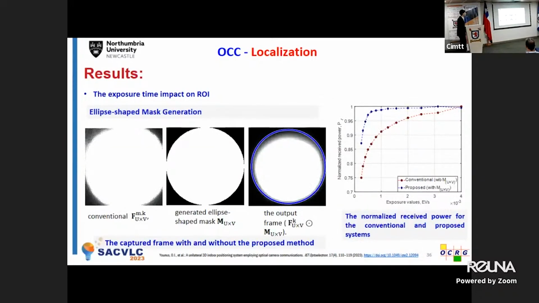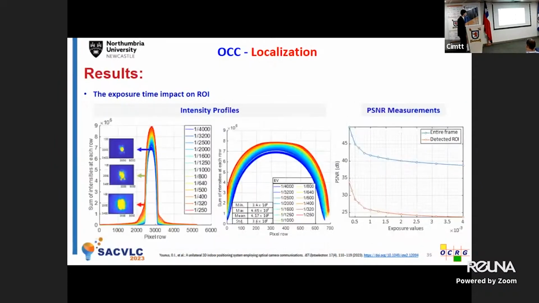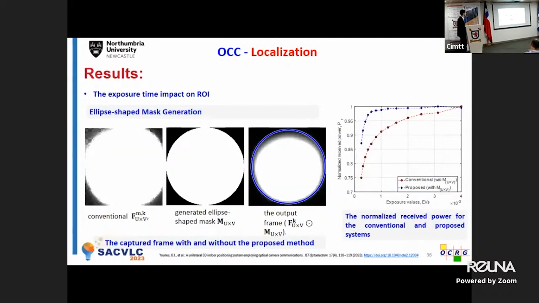Here is another technique that we used in order to tackle the problem of having these different exposures and the blooming impact. If I'm using a small exposure, I can locate the source. If I have a high power exposure for the camera, you can see that locating the source in the image might be a bit difficult. So we introduced something called mask generation: detect the initial size or radius of the light source, generate a mask, then multiply both of them, and that gives me the signal.